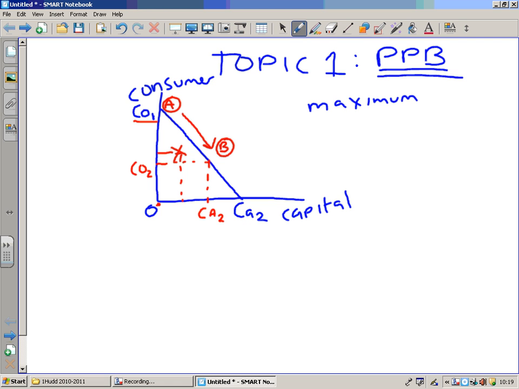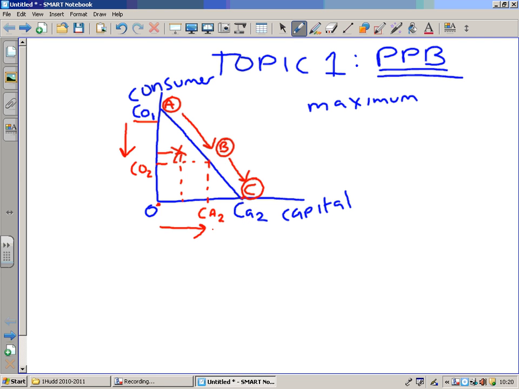and CA2. So what we can see here is, as we go from CO1 to CO2 and from 0 to CA2, we're now producing more capital goods at the expense of consumer goods. So in this case, our opportunity cost is, as we go from 0 capital goods to CA2 capital goods, we lose CO1 to CO2 consumer goods. Let's imagine the economy now decides to move to point C. So at point C, we're now producing CA2 capital goods and 0 consumer goods.